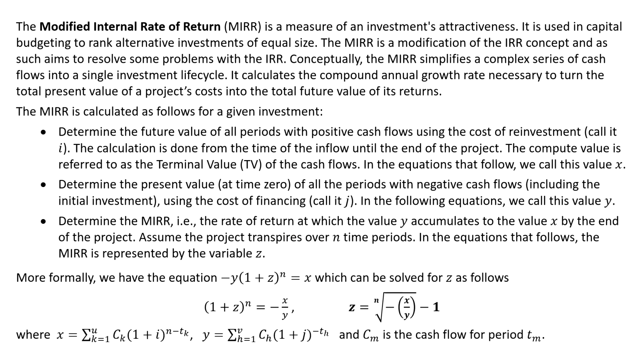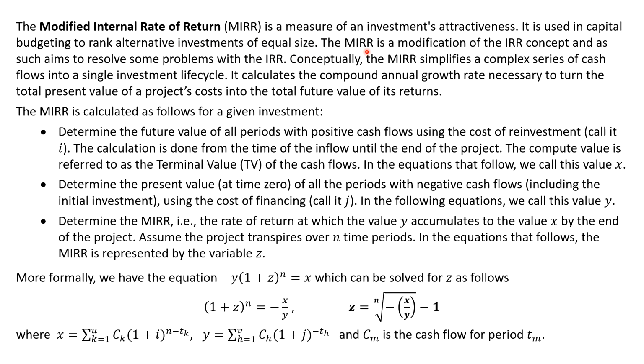So we have a variation on the IRR. It's called the modified internal rate of return. It's a measure of an investment's attractiveness, just like the IRR, but it addresses some issues with the IRR, which I'll talk about. It is used in capital budgeting to rank alternative investments of equal size.